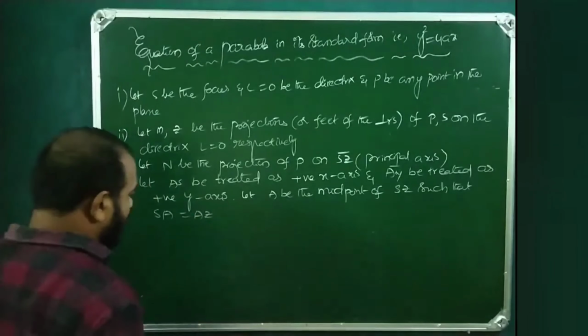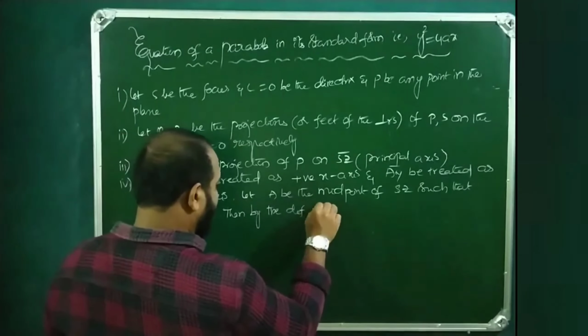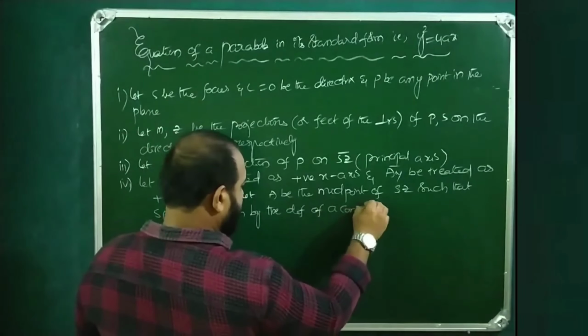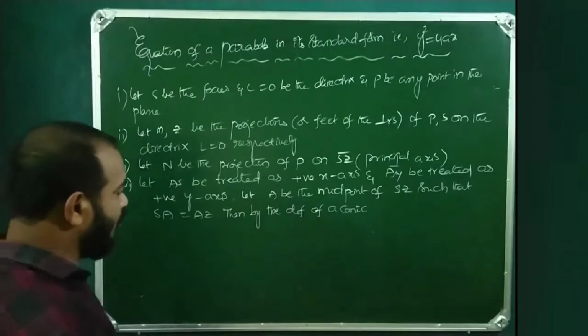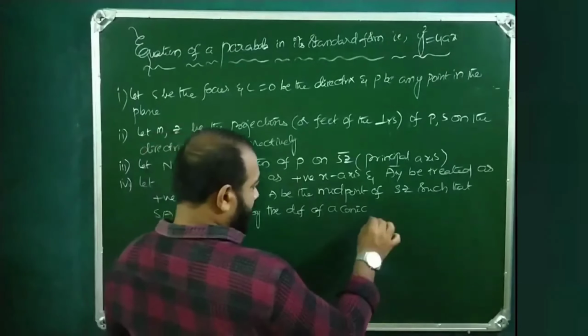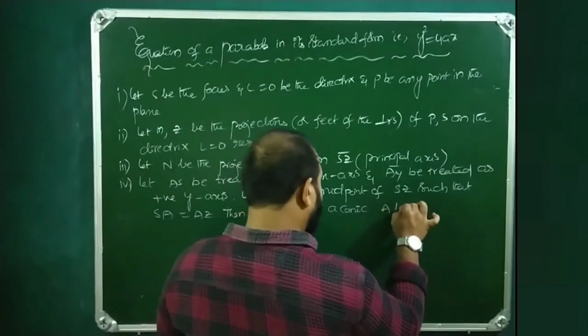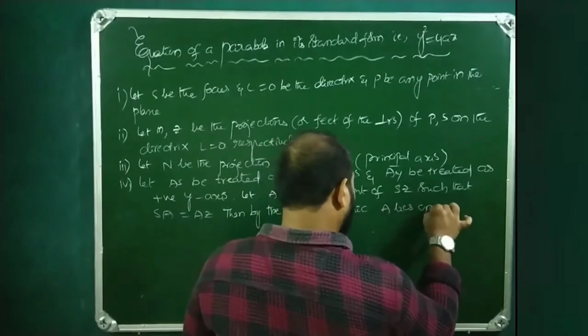Then by the definition of a conic, A lies on the parabola. Let SA equal AZ equal a.